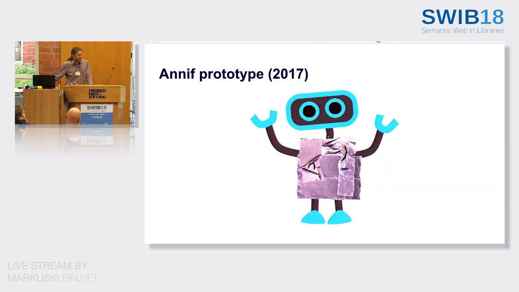I started doing this last year. I did a quick prototype using metadata from Finna, and it was put together rather quickly, but it worked well enough to get people excited.